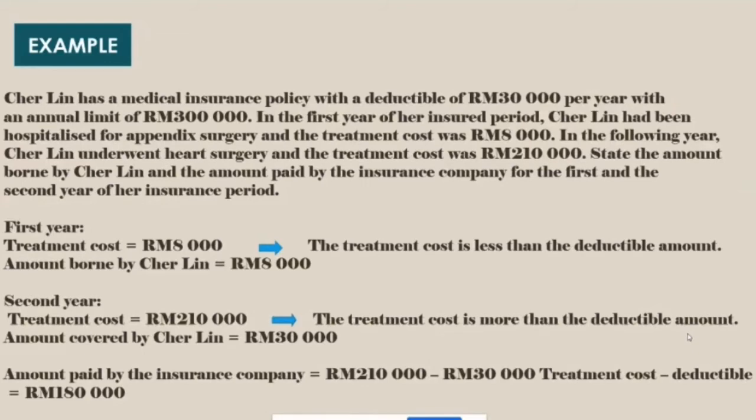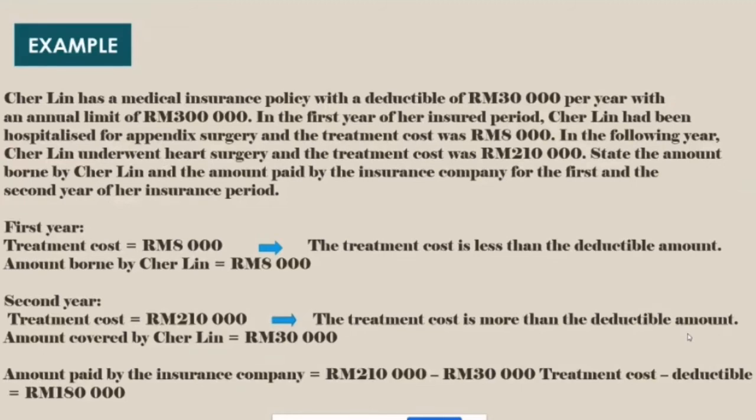In the following year, Sherlins underwent heart surgery and the treatment cost was 210,000 ringgit. State the amount borne by Sherlins and the amount paid by the insurance company for the first and the second years of her insurance period.